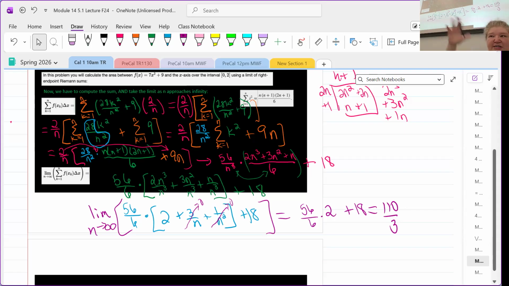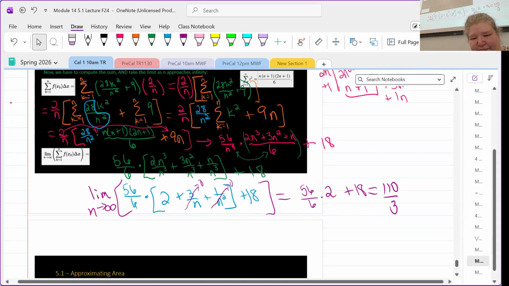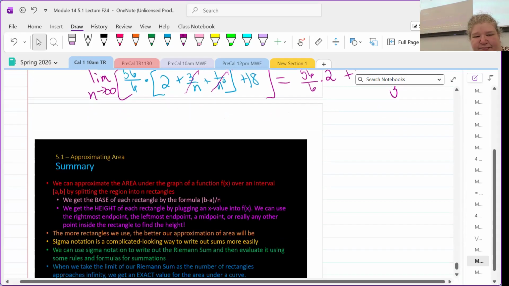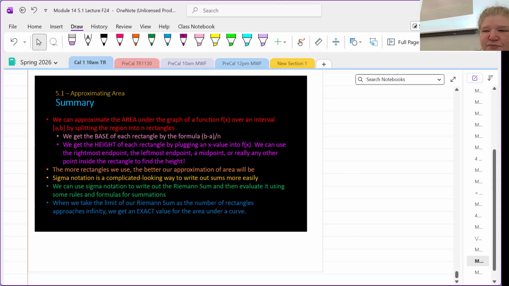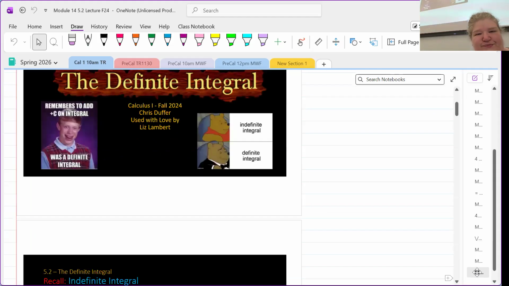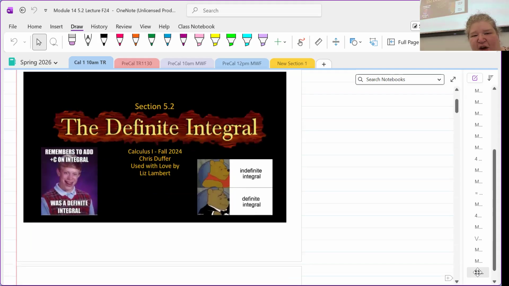So it turns out all these weird things that seemed very separate actually all coalesce to be the same idea. So it can feel like, oh, we're done for the day. No, technically we're supposed to get through the next section as well. So 5.2 is the actual definite integral.